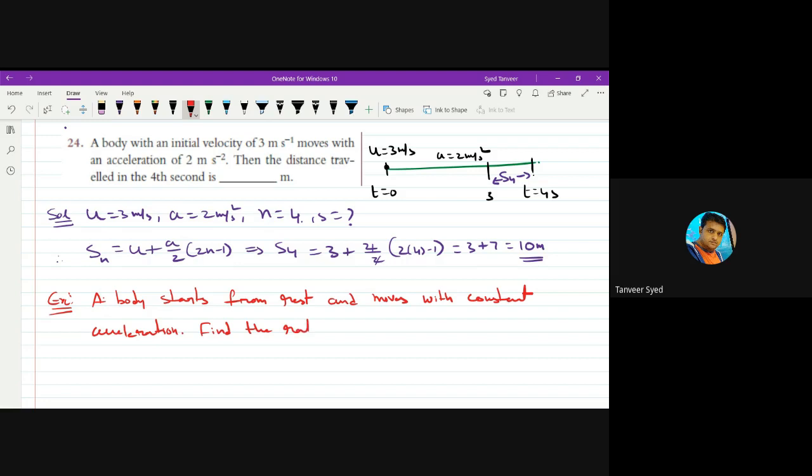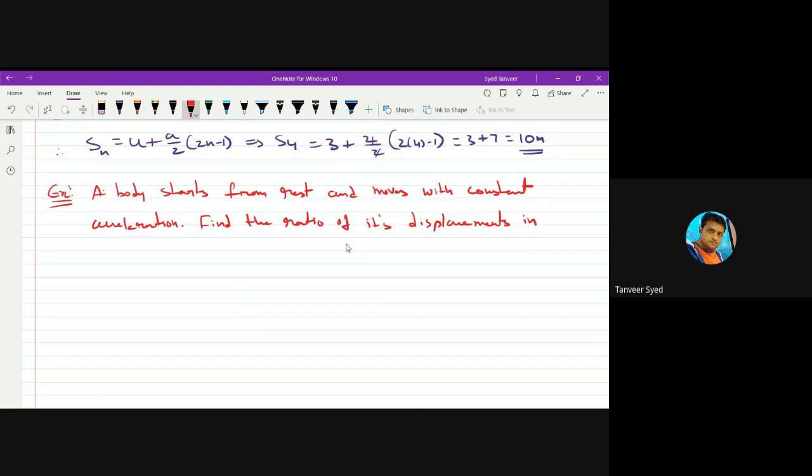Find the ratio of its displacements in 6 seconds and sixth second.